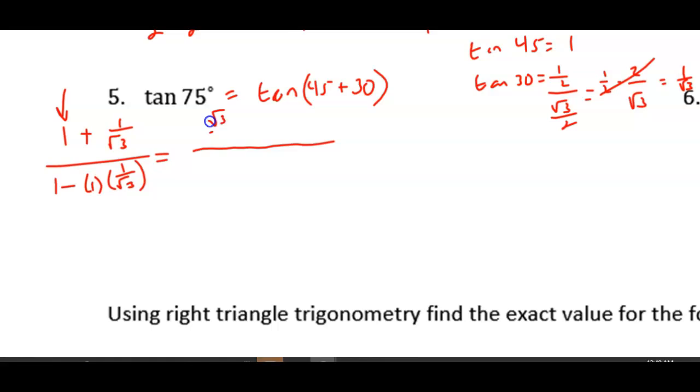I'm going to make that radical 3 over radical 3. That's 1, right? Anything over itself is 1. Plus 1 over radical 3. Now, this is going to seem like more stuff than it actually is because I'm trying to write this all the way out. Even right here, 1 times 1 over radical 3 is 1 over radical 3. So that's 1 minus 1 over radical 3, which, just like we did with the top, we can turn this 1 into radical 3 over radical 3 so I can have the same denominator.